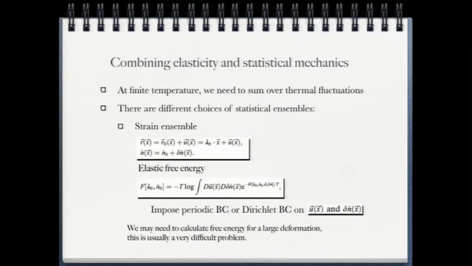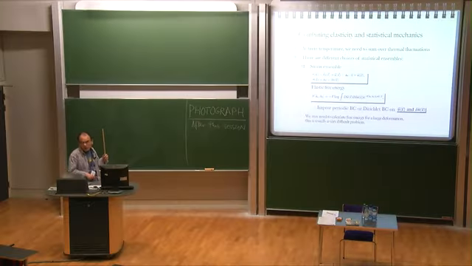You have to sum over all configurations of U and the director, the local fluctuations. Often we have to impose proper boundary conditions on this U field and delta N. If we are lucky, the boundary condition does not matter if we only want to calculate bulk properties. But this may not always be the case. It can be wrong.